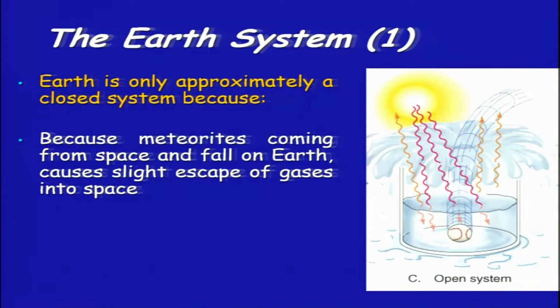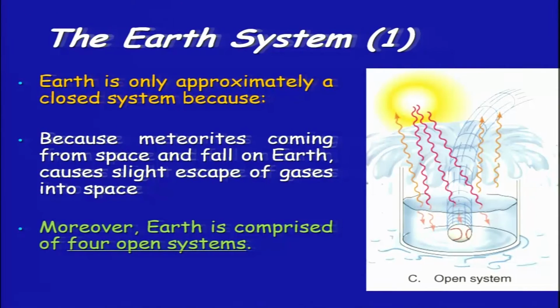Okay, fine. So this is exactly that part. What happens is that the meteorites coming from space and falling on Earth cause a slight escape of the gases into space. So the gases within the atmosphere, or we can say the glass which is not allowing exchange of matter, will get exchanged at that point of time, because the meteorite is puncturing the atmosphere and it allows some gases to escape into space.